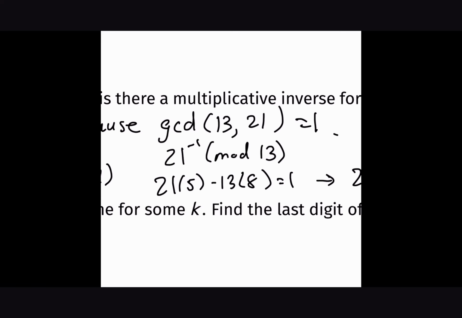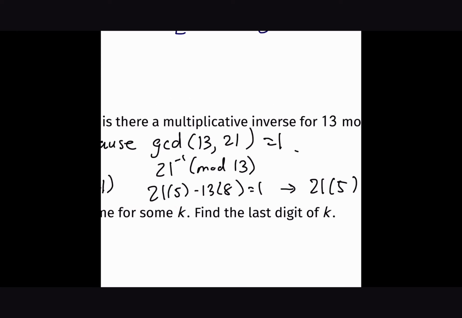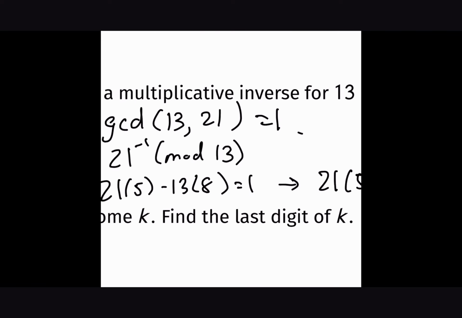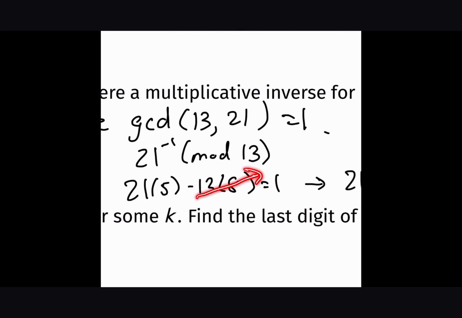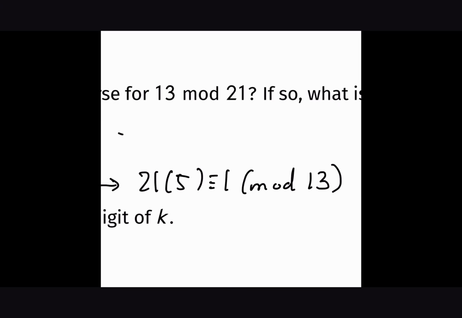For the inverse of 21 mod 13, we could rewrite our form 21 times 5 minus 13 times 8 equals to 1. We take mod 13 on both sides, where this term cancels out. And then we are left with 21 times 5 equals to 1 mod 13.